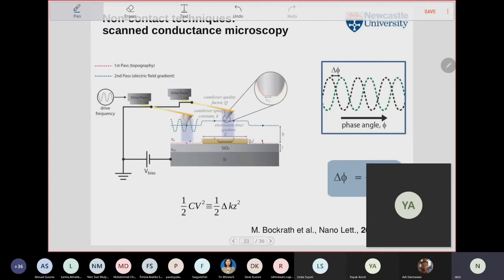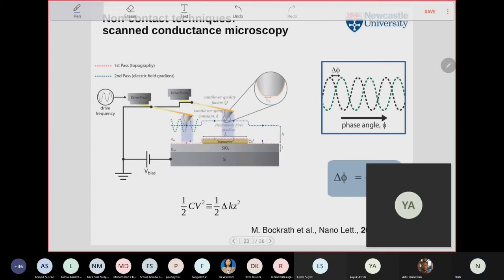In this case, what you measure is the phase difference between the driving voltage and the deflection of the tip. And you do this with a metallized tip and a DC voltage applied between the tip and the insulating substrate. So the nanowire lies on a thick oxide insulator. So there's a capacitance between the tip and the underlying silicon, and there'll be an energy stored in that capacitance proportional to the square of the voltage.